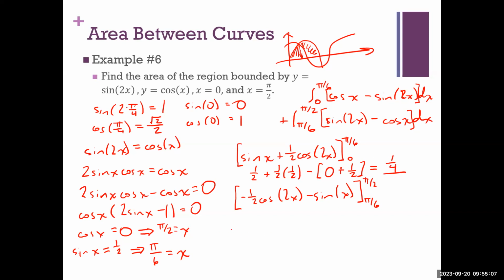The rest of it is, all right, 1/2 cosine of pi, which is -1, minus sine of pi over 2, which is 1. Cosine of pi over 3 is 1/2, and sine of pi over 6 is 1/2.